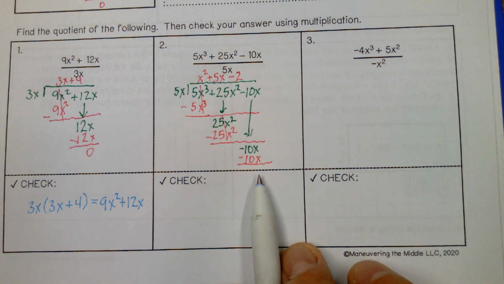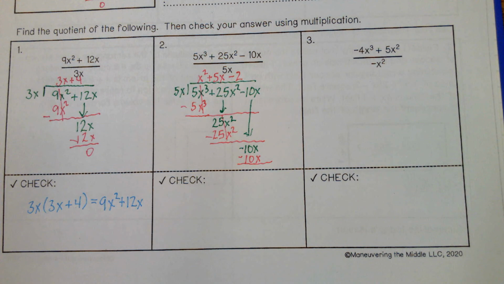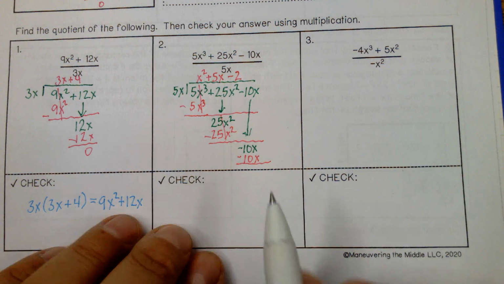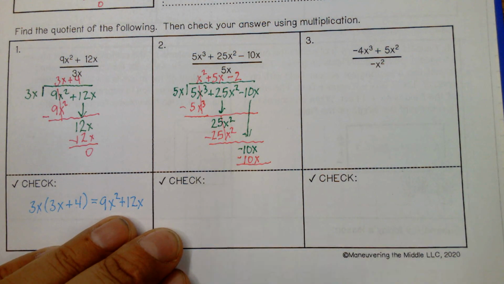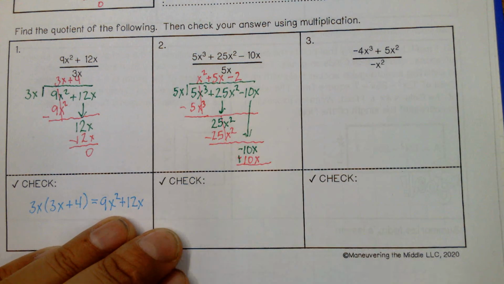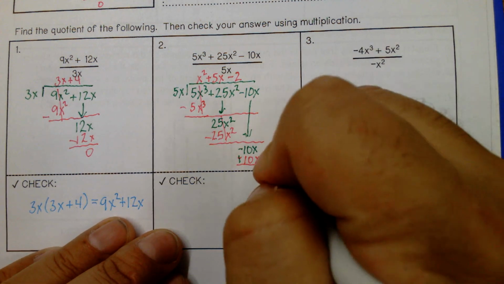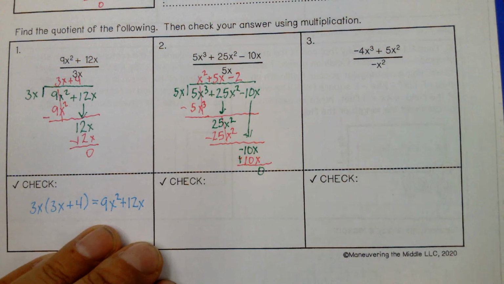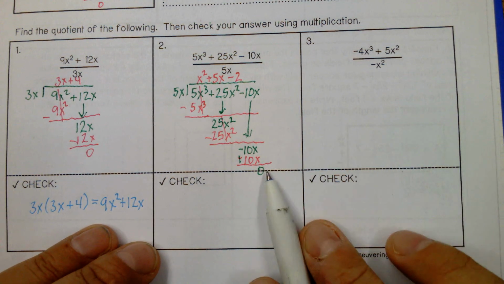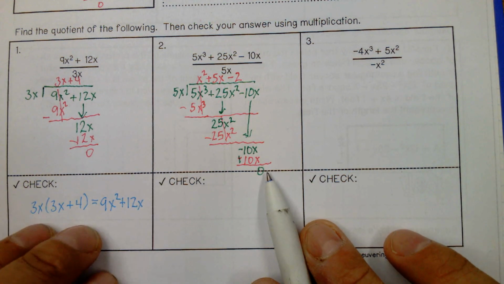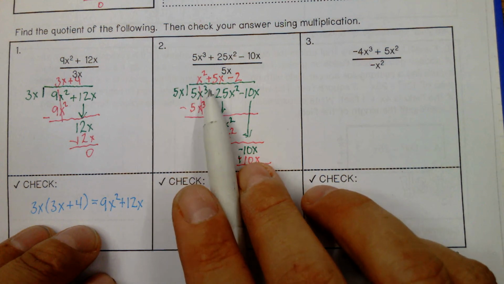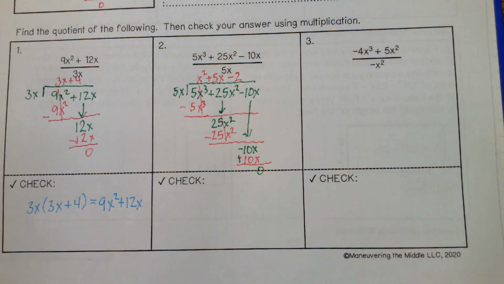Once you write down what you get, you have to apply the opposite. What's the opposite of negative 10x? And that would give us 0. So we get a 0 remainder. So the quotient is x squared plus 5x minus 2.